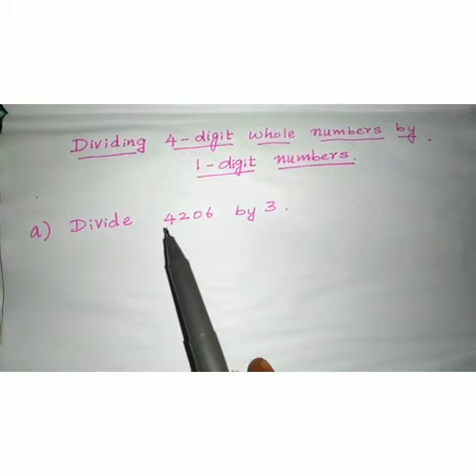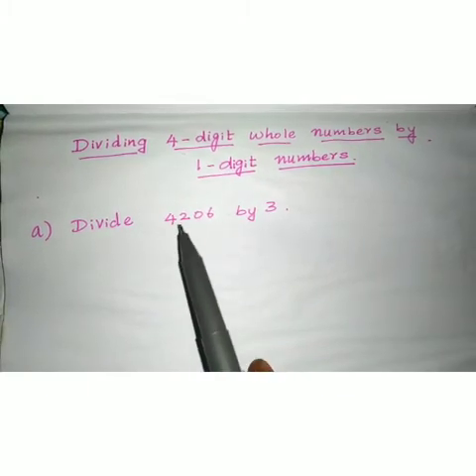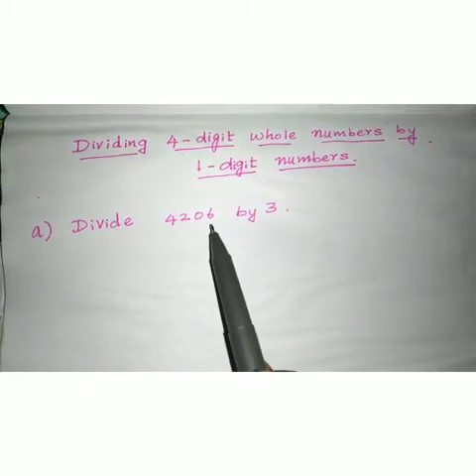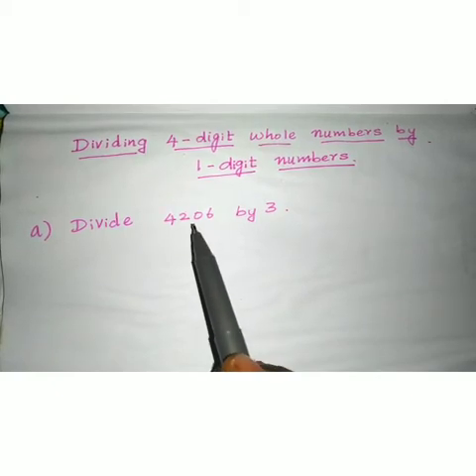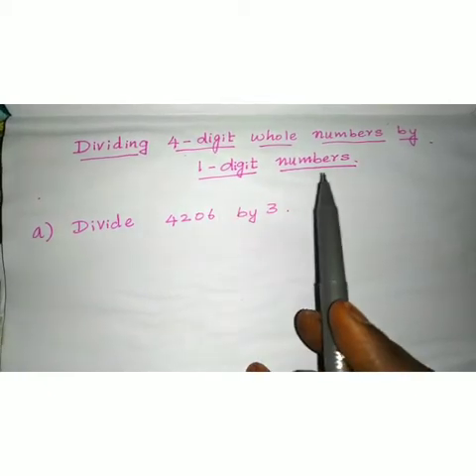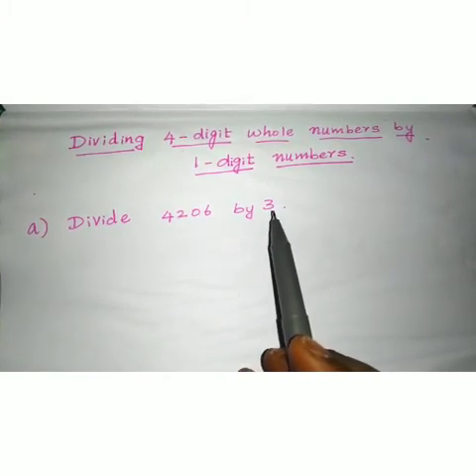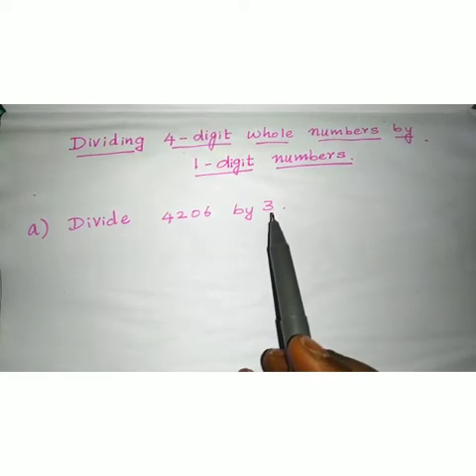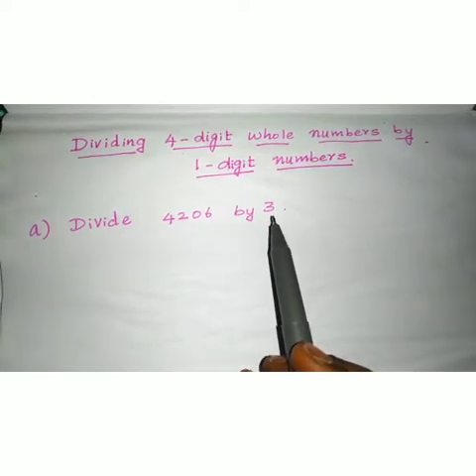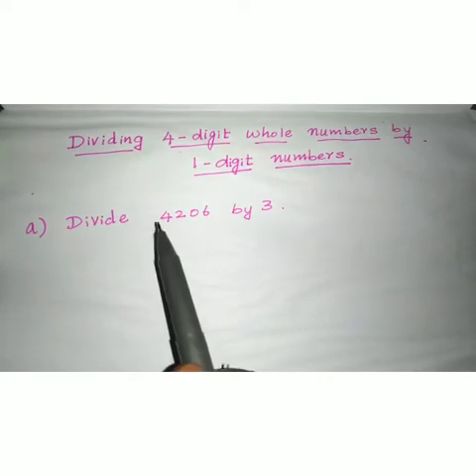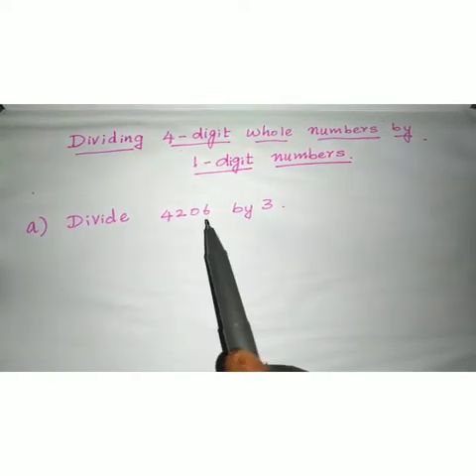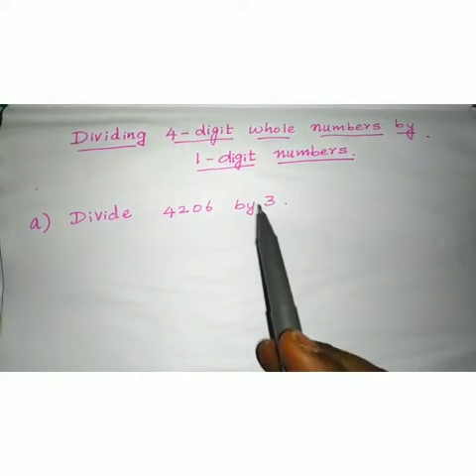So, this is the whole number with 4 digit, which we are going to divide by a 1-digit number. Here, 3 is a 1-digit number, or we can call it a single digit number. We are going to divide this 4-digit number by a single digit number.